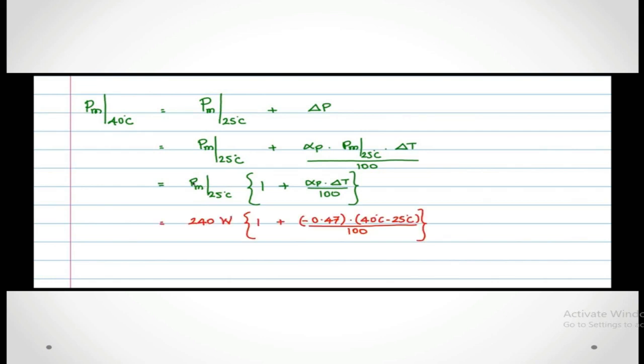Maximum power at 25 degrees centigrade is 240 watts, and alpha P is minus 0.47 because it is a negative temperature coefficient. Delta T is 40 minus 25. Let us see how the value of maximum power is going to change. The value is 223 watts here. Earlier at 25 degrees centigrade the value was 240 watts, but after the increase in temperature it has been reduced to 223 watts.